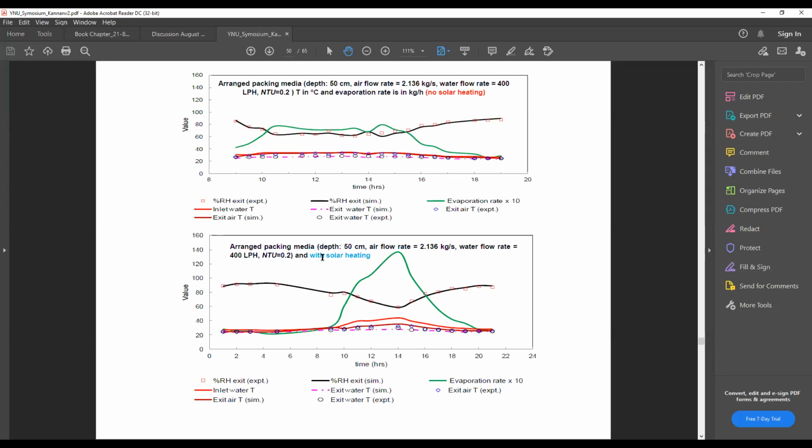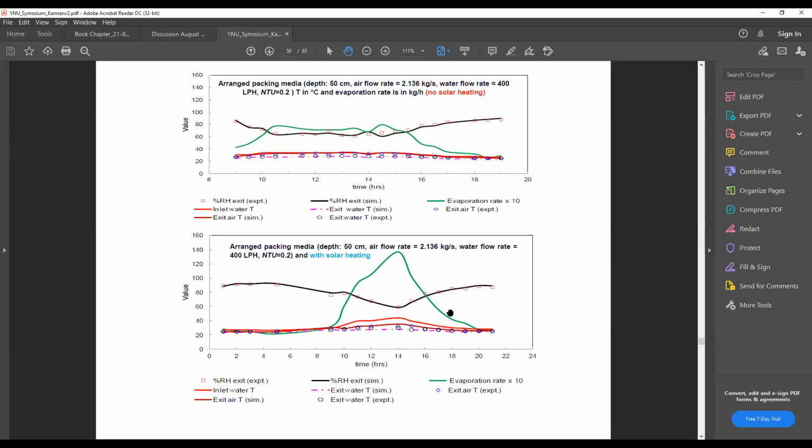But when we augmented the process by raising the temperature of water with solar heating, we found that the evaporation rate went to about 140 kg per hour during around midday. That would be expected because the temperature is the highest in the afternoon.